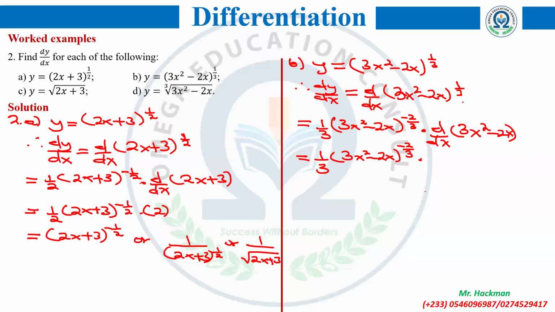Okay, so now we are going to differentiate term by term. So if you differentiate 3x squared, what do we get? 6x. Okay, if you differentiate minus 2x, what do we get? Minus 2, not 2, be careful. But because it's a binomial, we have to put it in brackets. Other than that, we are doomed.